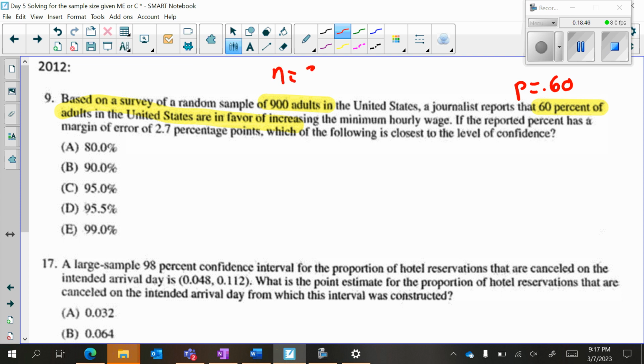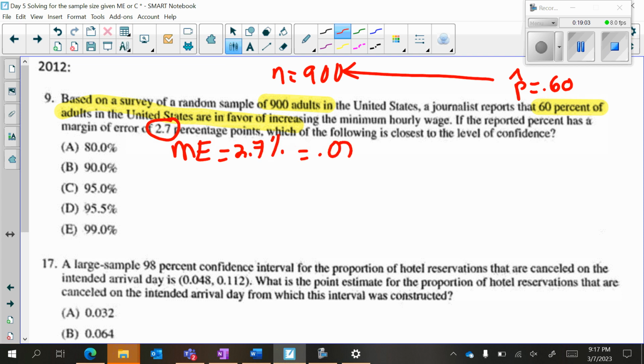They took a sample of 900 though, so I think that might be P hat because it seems like it's based on that sample of 900. The reported percent has a margin of error, ME, of 2.7 percentage points. So now remember, 2.7% as a decimal is 0.027, which is closest to the level of confidence.